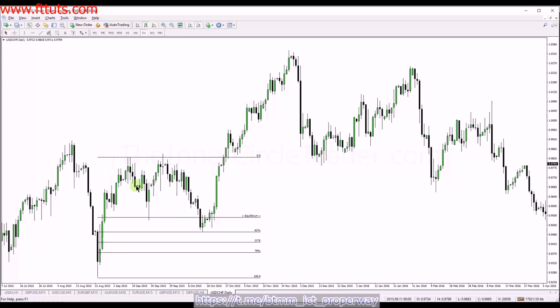When that happens, now you're allowed to start looking for the market to come down into equilibrium. That means the 50% level. Once you're on a 50% level and you're in a higher time frame, and we start everything at a daily chart, at the daily chart, we know now that between the low here and the high here, the market has gone back to equilibrium.